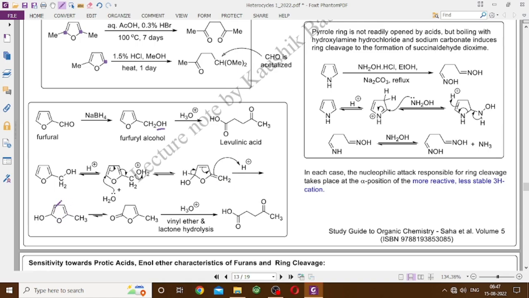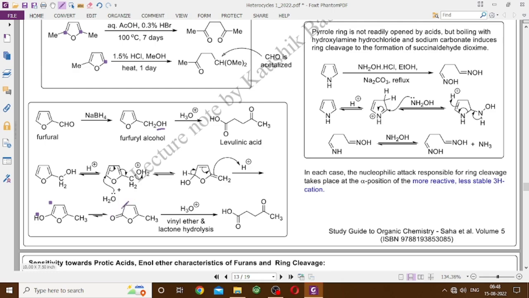Now if you look at this intermediate, this can potentially undergo a tautomeric change to generate another furan derivative, where from the furfuryl alcohol you now have 2-methyl-5-hydroxyfuran. One of the tautomeric forms of this 2-methyl-5-hydroxyfuran is this one, because you are shifting this hydrogen from here to here, and that is a lactone. And also a vinyl ether.